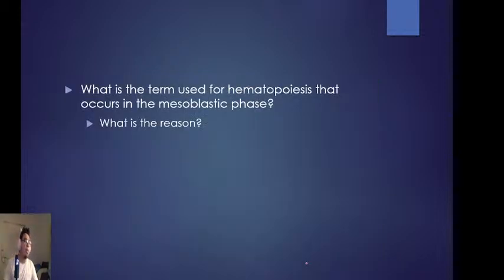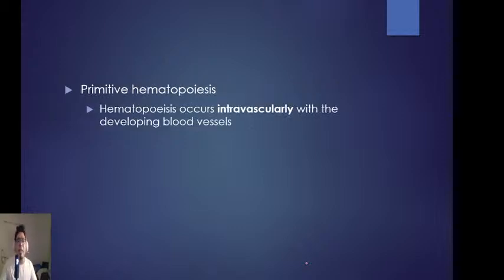All right. Now, what is the term used for hematopoiesis that occurs in the mesoblastic stage? This is what you call the primitive hematopoiesis. It's called primitive because it occurs intravascularly, with developing blood vessels. Remember earlier I mentioned angioblasts, which are responsible for primitive blood vessels. As the blood vessels develop, the erythroblasts actually grow inside the walls of the blood vessels.